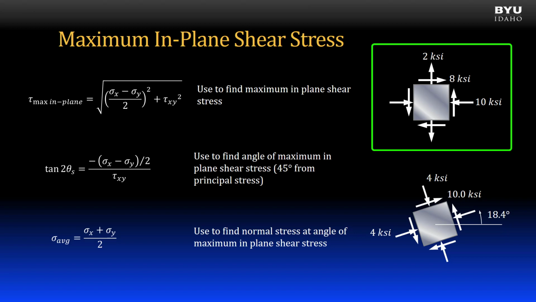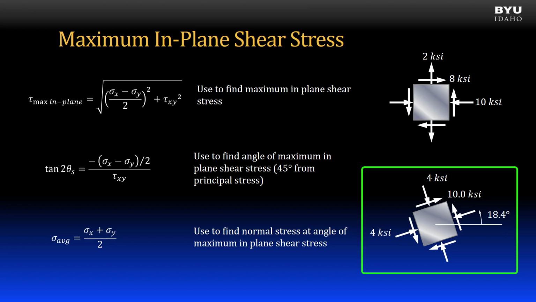An arbitrary stress element is shown. I know that the shear stress, positive 8 ksi, is not the maximum in-plane shear stress because the two normal stresses are not equal. In the max in-plane shear stress state, shown below, all normal stresses are equal in magnitude and sign.